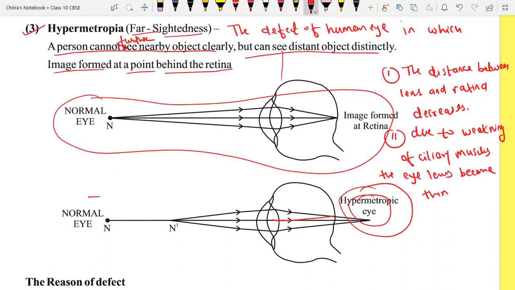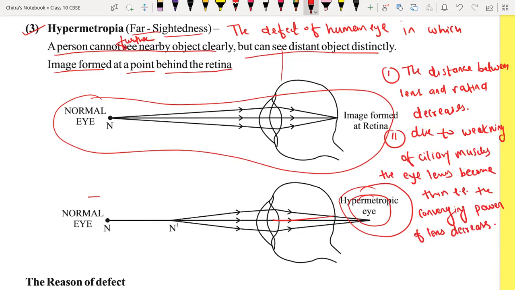If it becomes thin, that means its converging power has decreased. That means the converging power of the lens decreases. Okay, so these are the two possible reasons by which hypermetropia is caused.